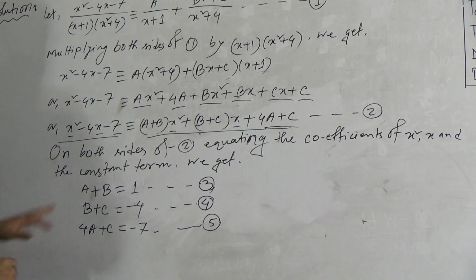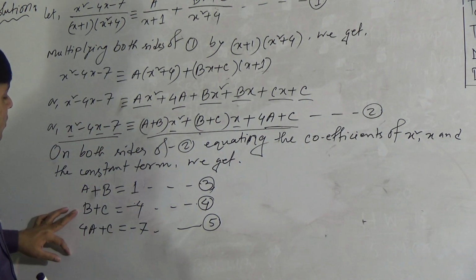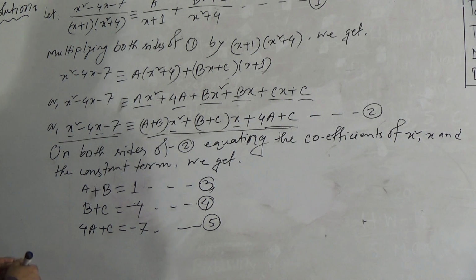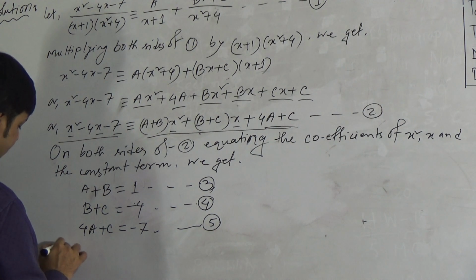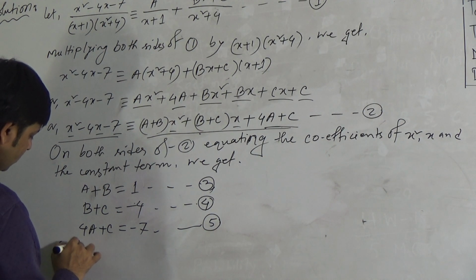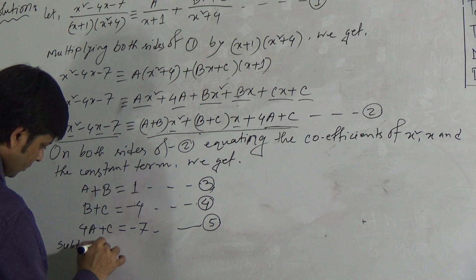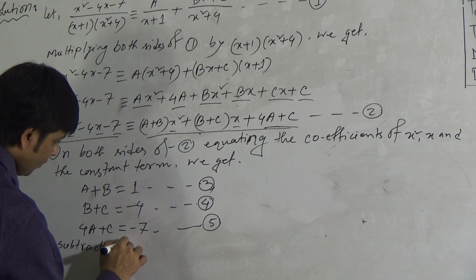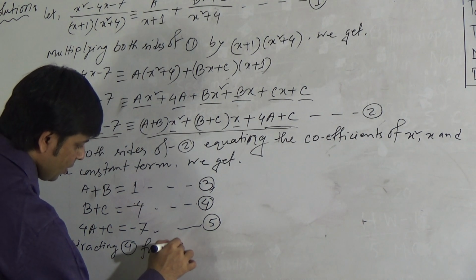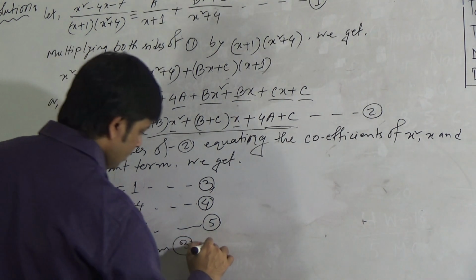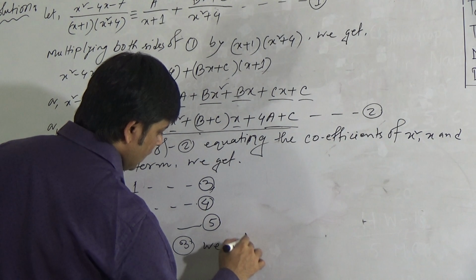Now if we subtract 4 from 3, we will get a minus c. Subtracting 4 from 3, what will we get?